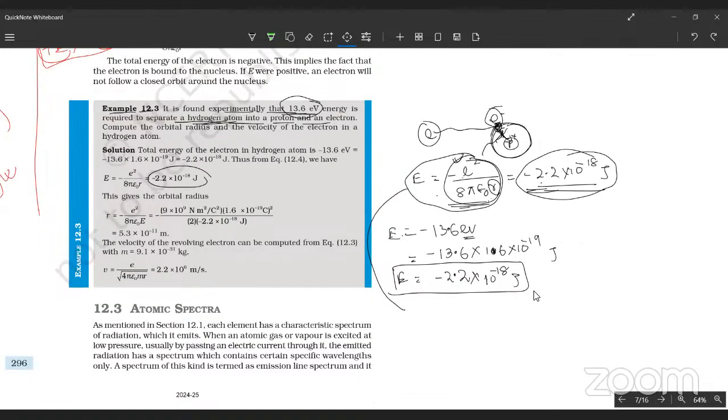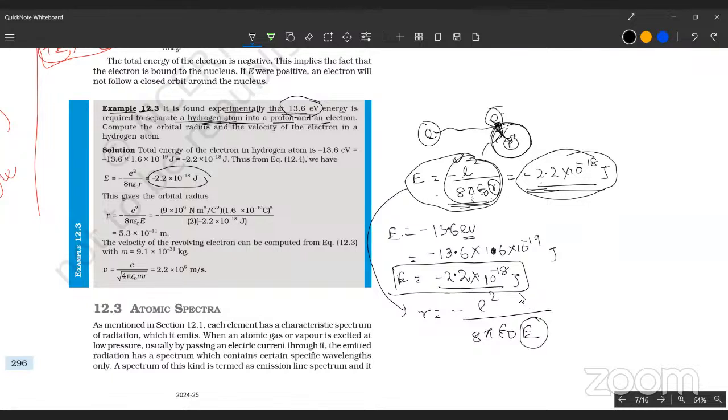You just substitute E here, so radius will become minus e square by 8 pi epsilon naught E. What is E here?